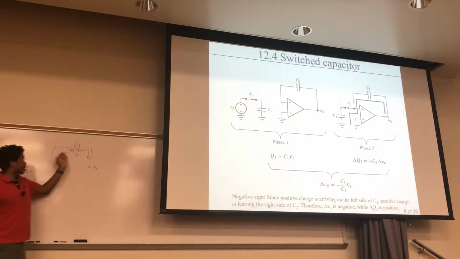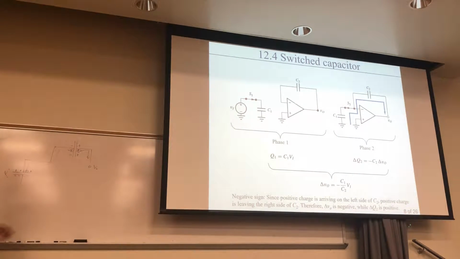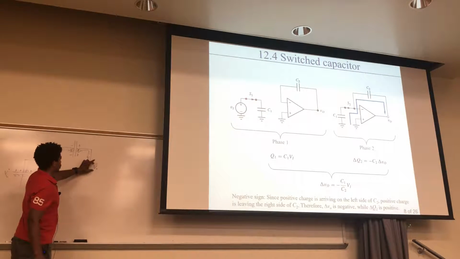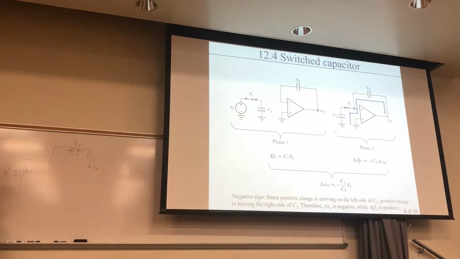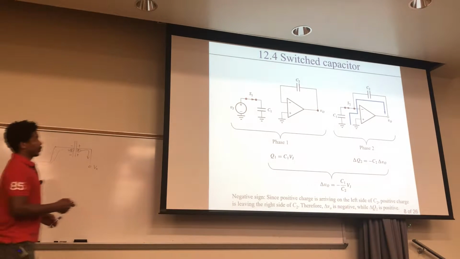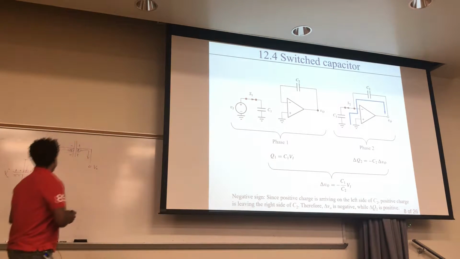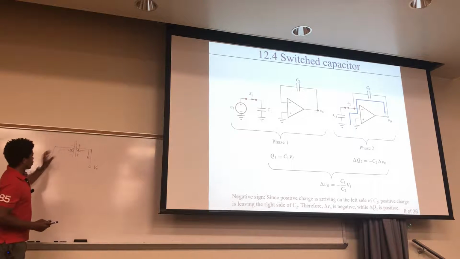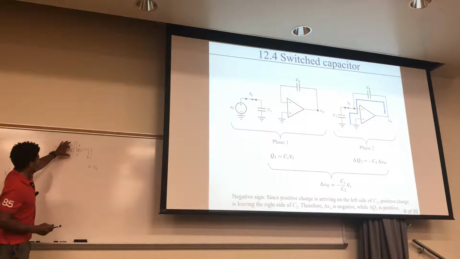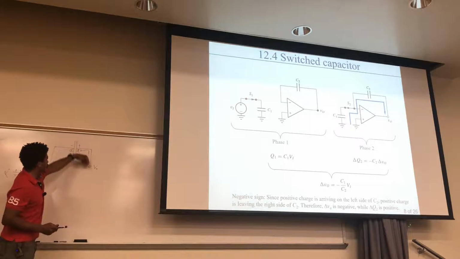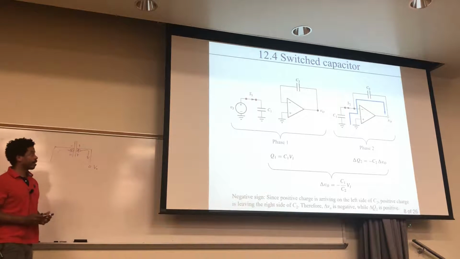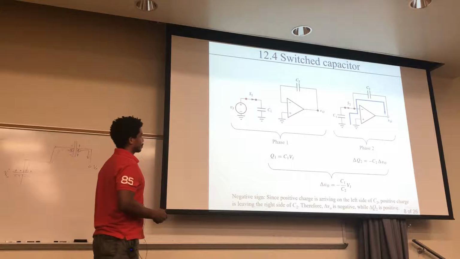But that's the direction of current flow. And because of that, the voltage is decreasing in time. Each time that switch is closing, a small amount of charge is going onto this capacitor, and more positive charge is leaving in time, and the voltage is decreasing.